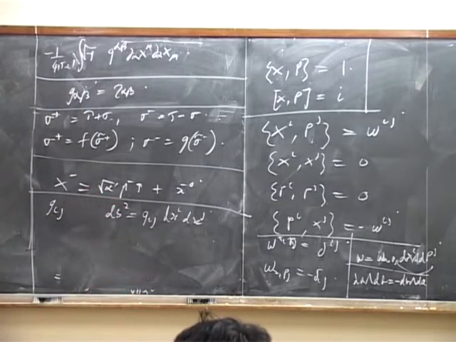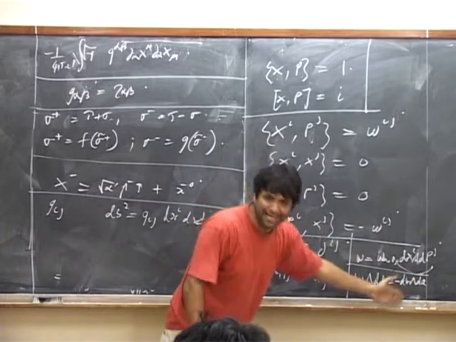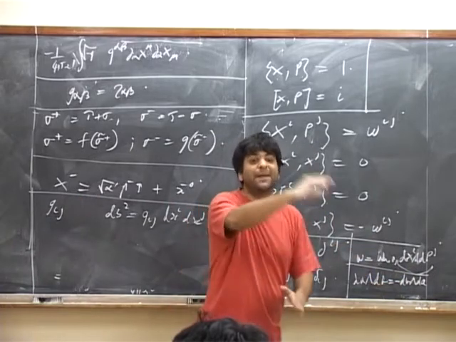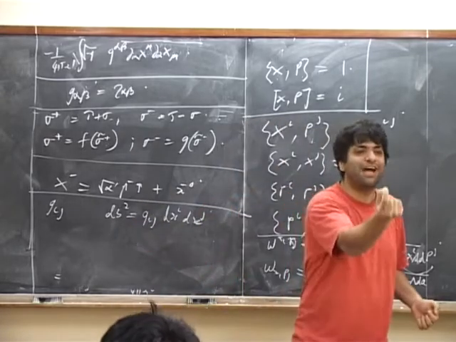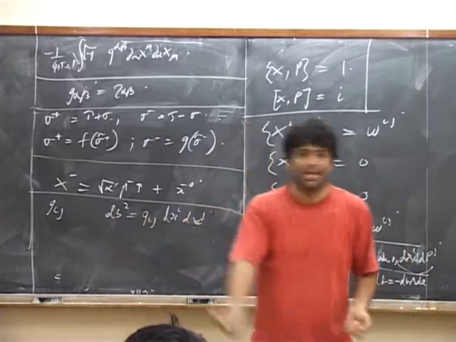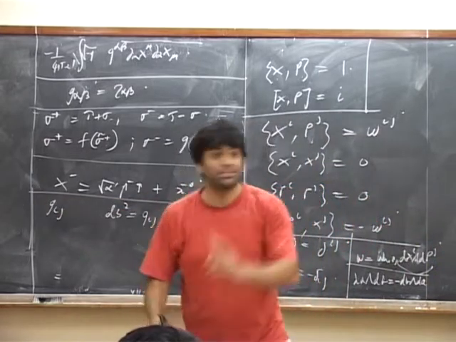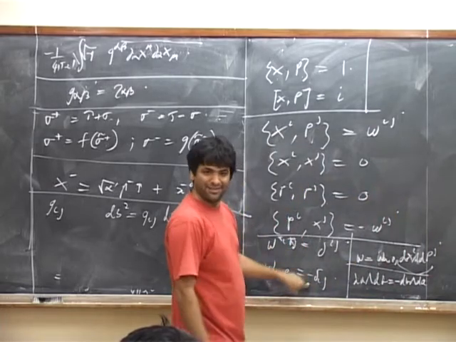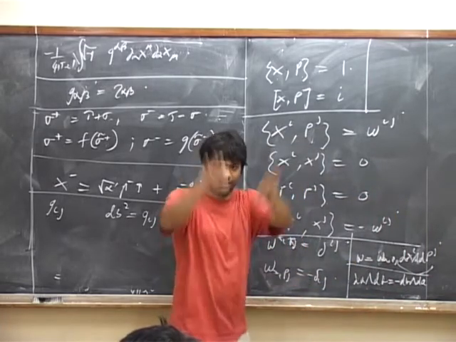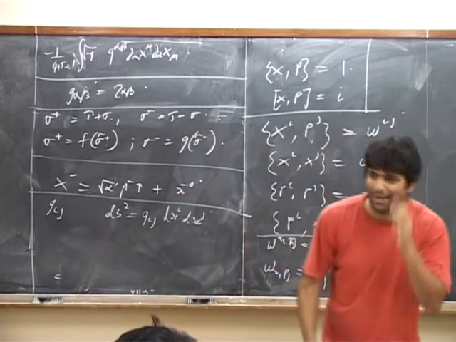Now an action induces a Poisson bracket structure, a symplectic form, on the space of solutions. If you label solutions by initial values of x and initial values of p, that symplectic structure is just delta p wedge delta x. It's not delta x wedge delta p, because remember this property: once we lower, you pick up an additional minus.